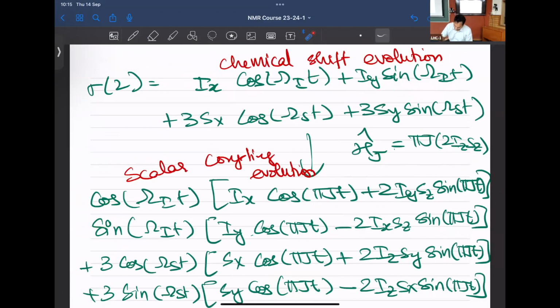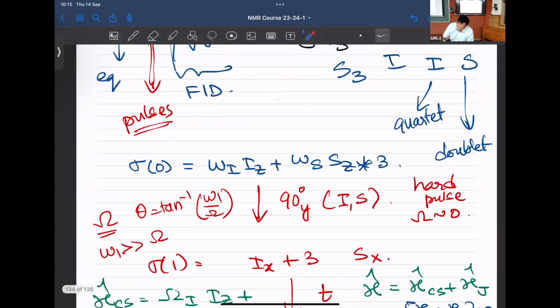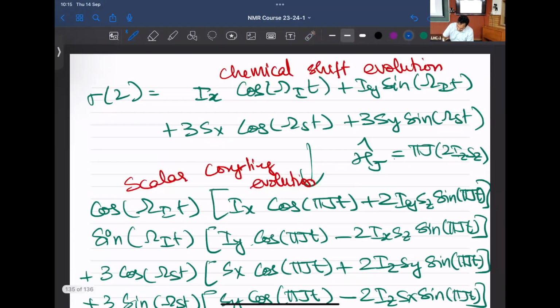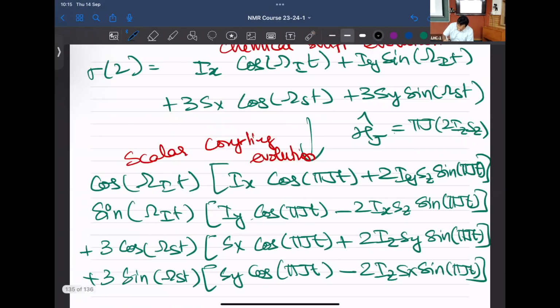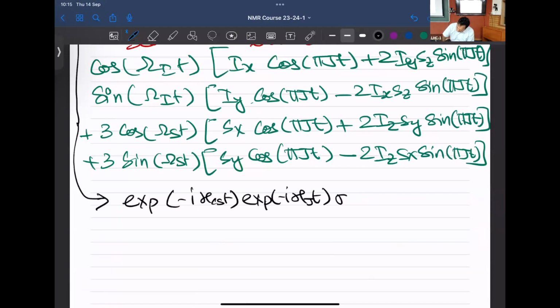So let me try to write it so that it makes a little more sense. I'll just write that part here because there's no space. What we should have done is exp minus i H_CS t, exp minus i H_J t, sigma 1, exp plus i H_CS t, exp plus i H_J t.